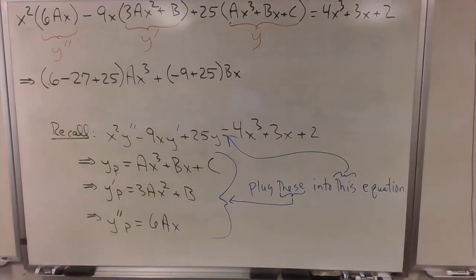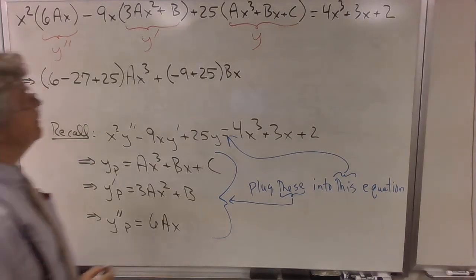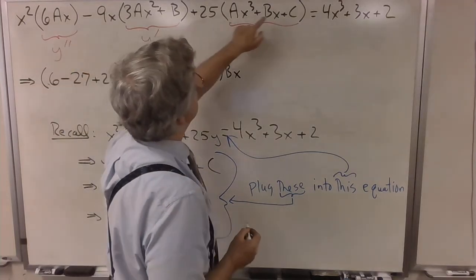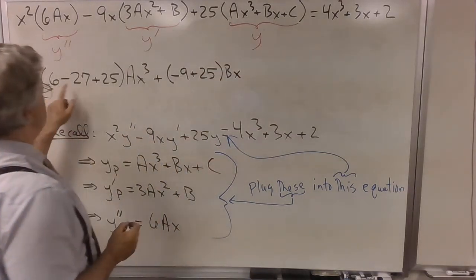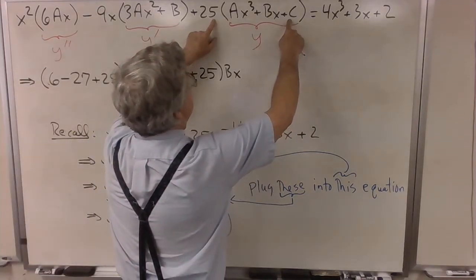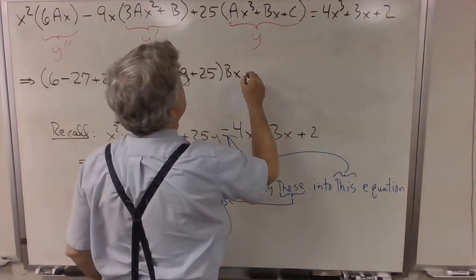Okay, I've got my x cubes and my x's taken care of. And I think, say 1, 2, 3, 4, 5, 6. 1, 2, 3, 4, 5. Yep. This is my only constant term, 25c.